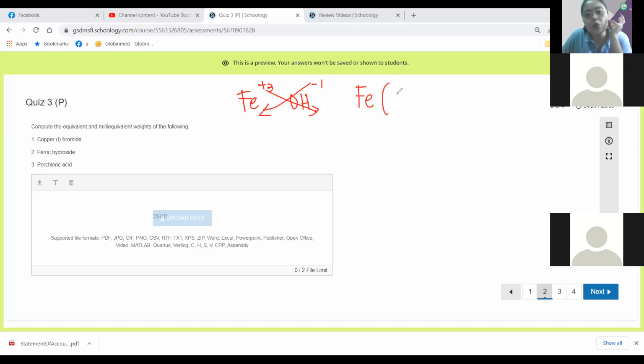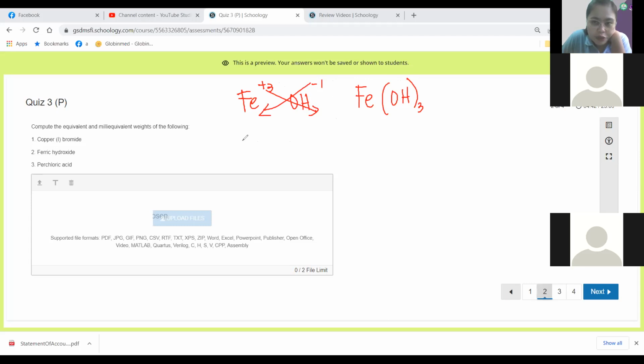You have to place the OH inside the open and closed parenthesis. Since it is read as hydroxide, it means it's a polyatomic ion. It's counted as one entity. So you really need to place it inside the parenthesis and just write the subscript outside. So this is the correct chemical formula.